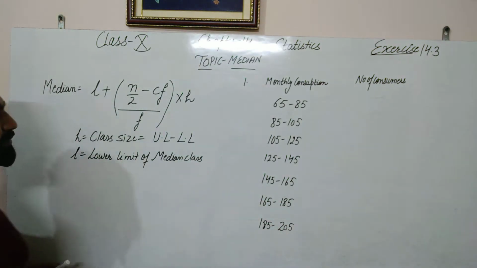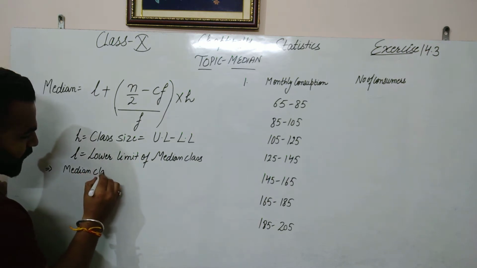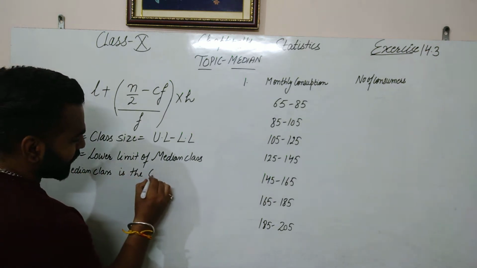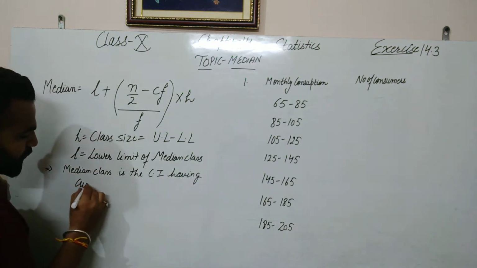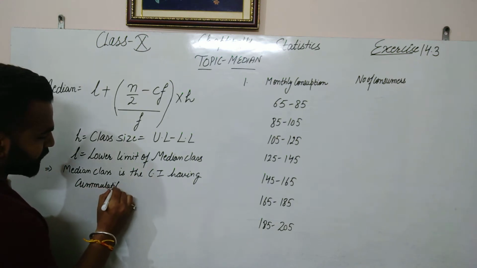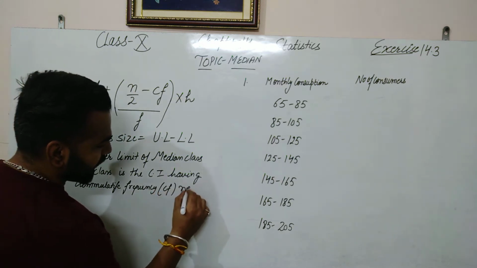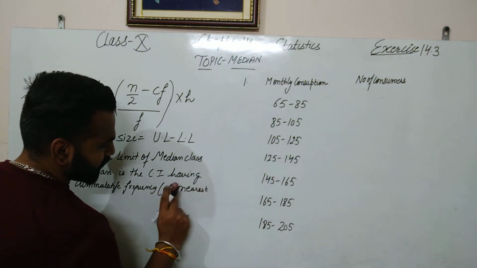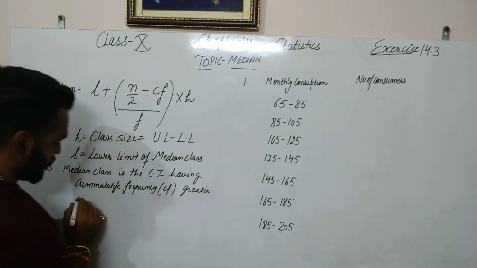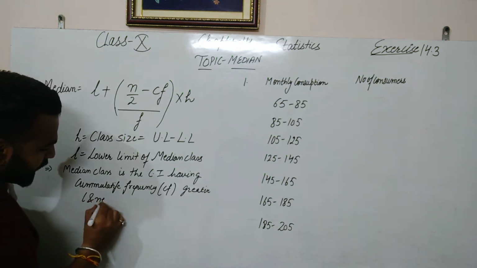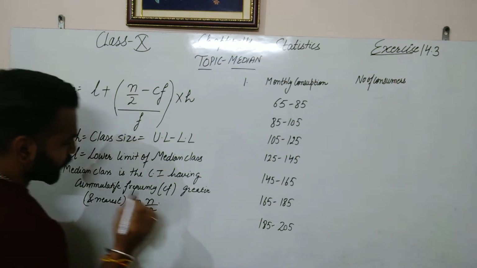And how to find this median class? So you can write median class is the class interval having cumulative frequency, that is CF, greater and nearest to n by 2.